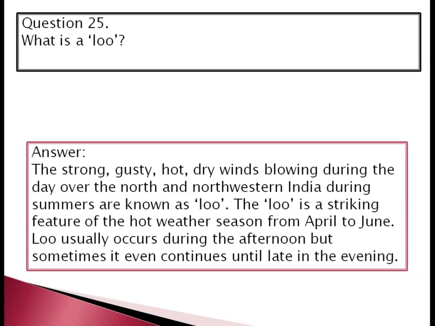In which part of India is loo blowing? Summer winds are known as loo. The loo is a striking feature of the hot weather condition. That means the summer season from April to June. Loo usually occurs during the afternoon, but sometimes it even continues until late in the evening. They are very strong, gusty, hot and dry winds.